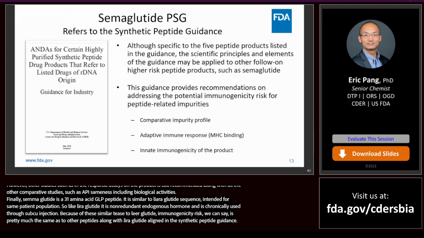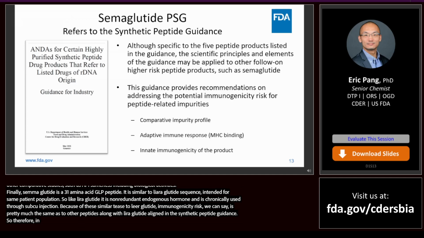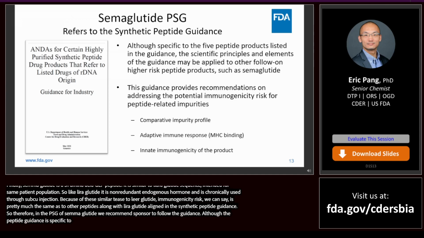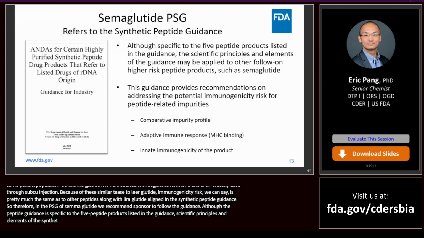So therefore, in the PSG of semaglutide, we recommend the sponsor to follow the recommendations outlined in the synthetic peptide guidance. Although the peptide guidance is specific to the five peptide products listed in the guidance, scientific principles and elements of the synthetic peptide guidance may be applied to other higher risk products such as semaglutide.